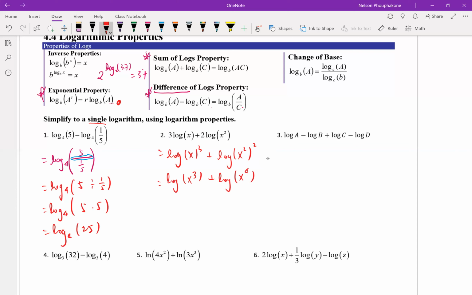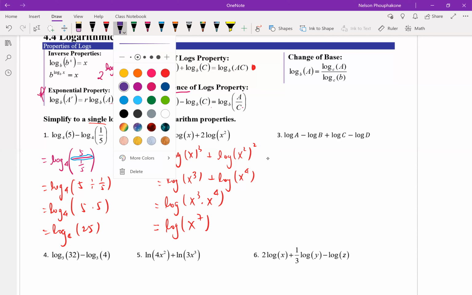Now we could use the sum property to take care of it: x to the power 3 times x to the power 4. Then I have log of x to the power 7. Okay, this is the idea. Right now let's go ahead and try to see if you could work on 3, 4, 5, and 6.